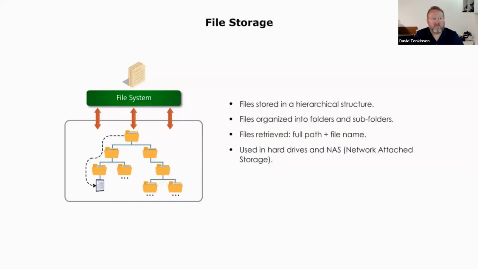File storage is commonly used in hard drives, like in our personal computers, and NAS systems, network attached storage. File storage uses protocols NFS, Network File System, and SMB, Server Message Block.